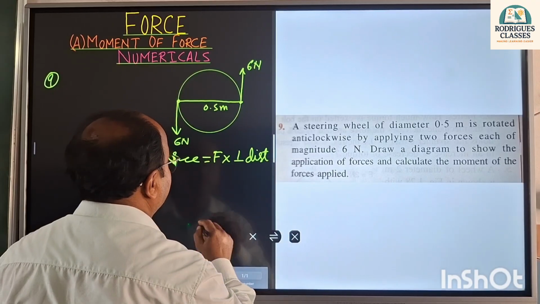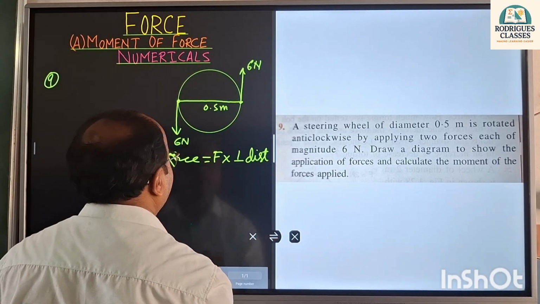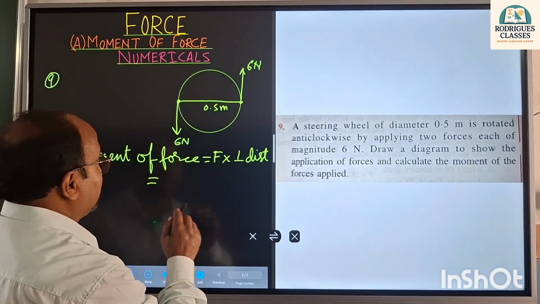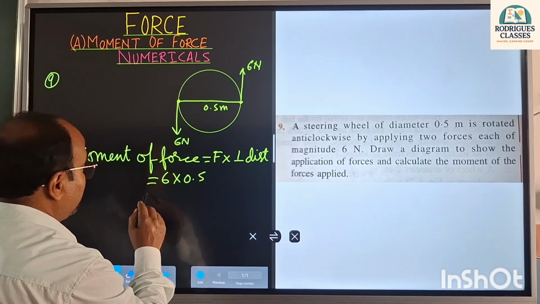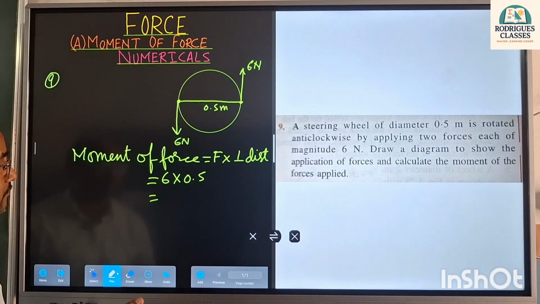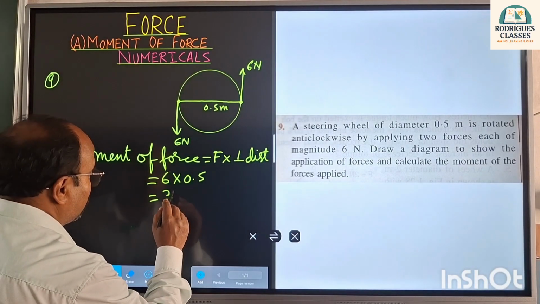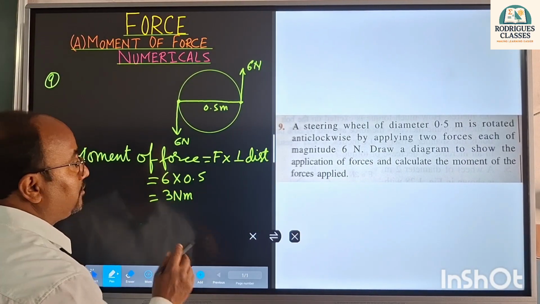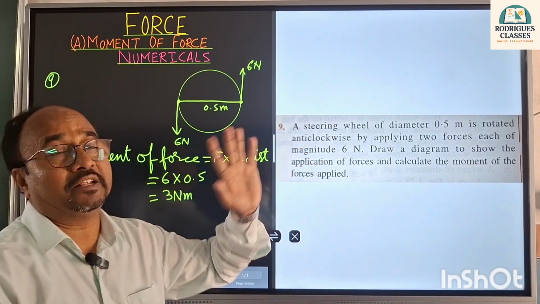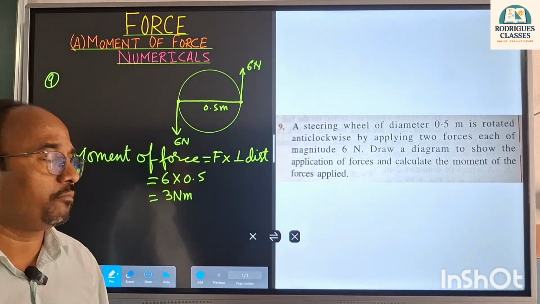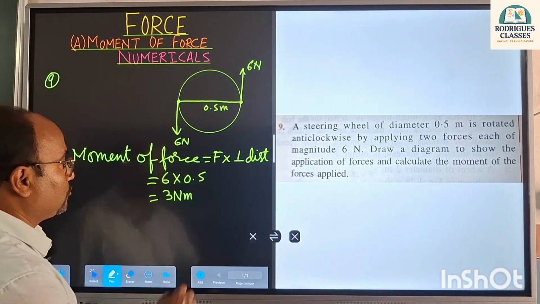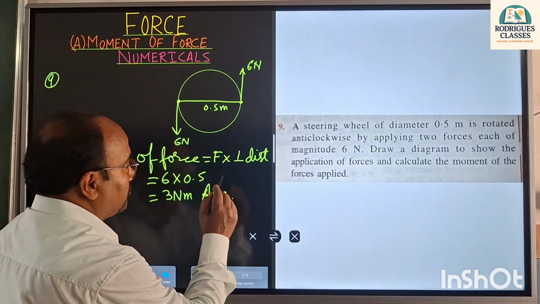Force is 6 into 0.5. So 6 into 0.5 will give you 3. So 3 Newton meter. Because the direction was already mentioned as anti-clockwise, you need not write it. But if you write it also, nothing is wrong, but it's not compulsory. So this is the answer I get for this numerical.